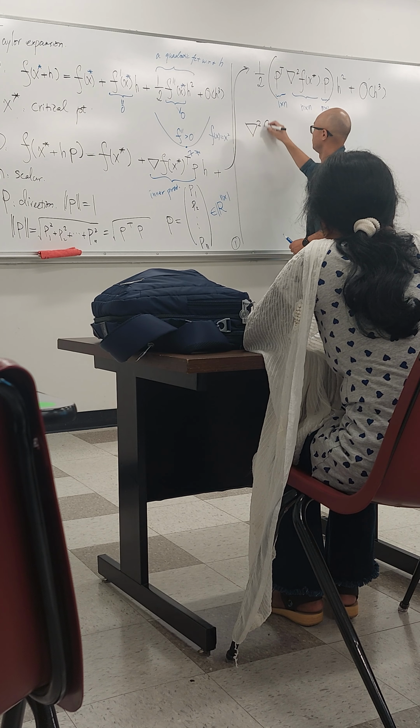Because think about this: if this matrix is positive, and let's assume this is our critical point, then this term will vanish because at the critical point the gradient is 0. So this term is gone. And then if this matrix is positive, moving from this critical point toward any direction, our function value will increase.